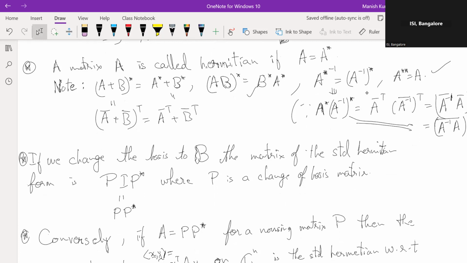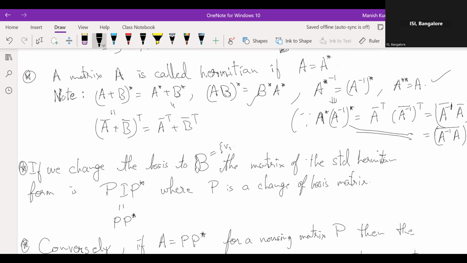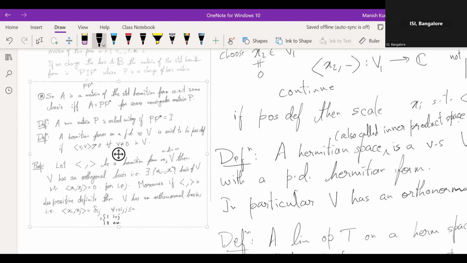If we have a standard Hermitian form on Cn and we change the basis to B, some other basis of Cn, then the matrix of the standard Hermitian form with respect to this new basis.